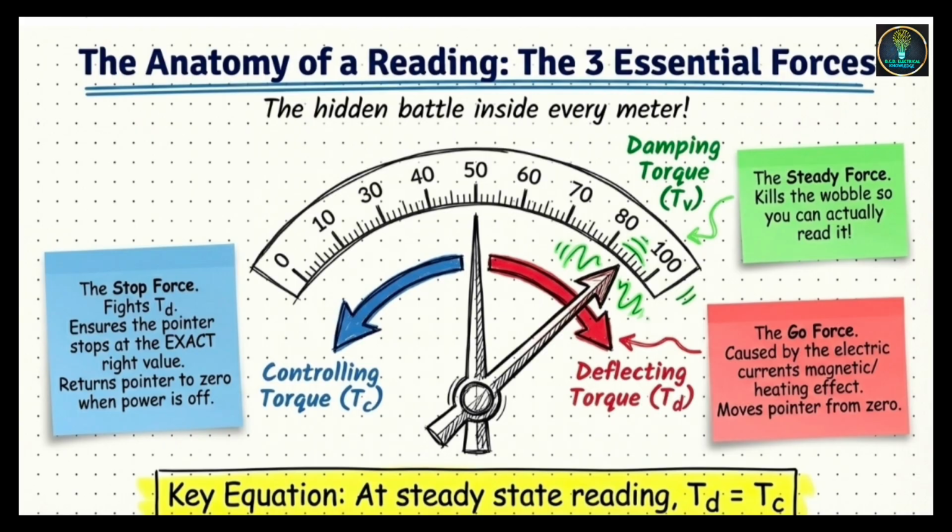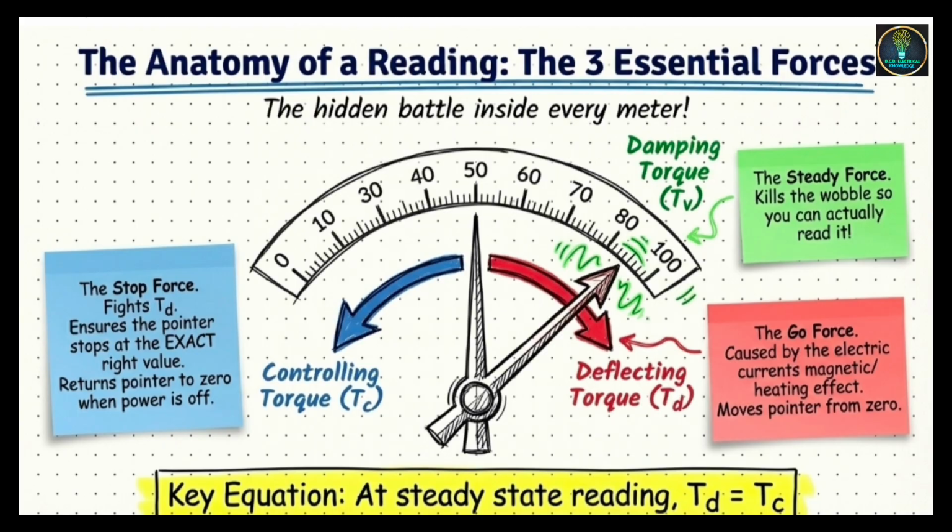Controlling torque TC, the stop force, ensures the pointer stops at the exact right value and returns pointer to 0 when power is off. It is denoted by TC, that is controlling torque.